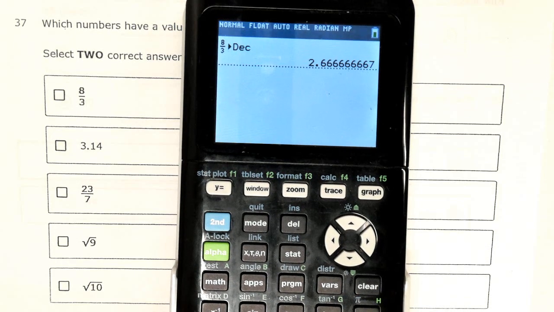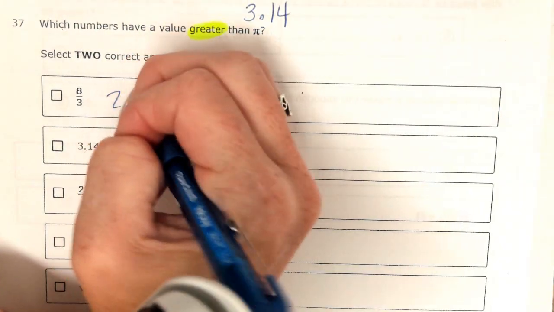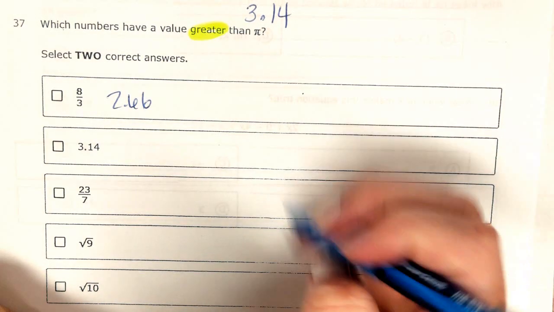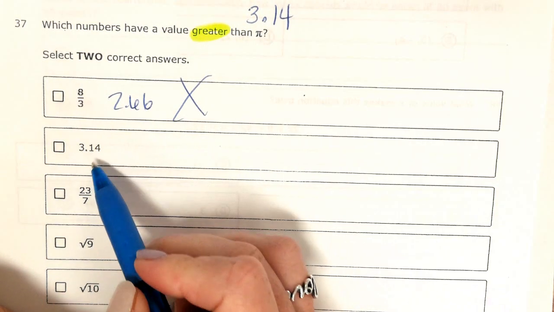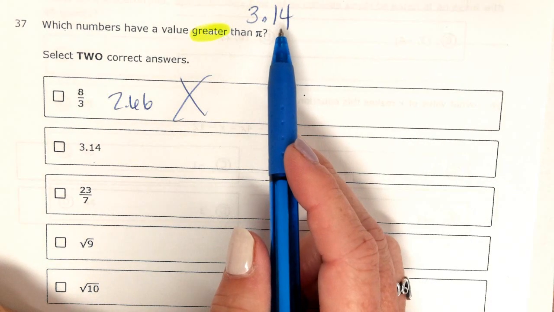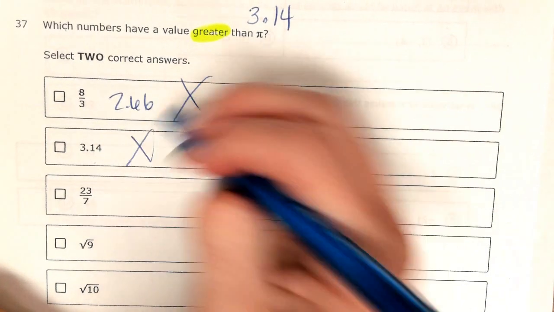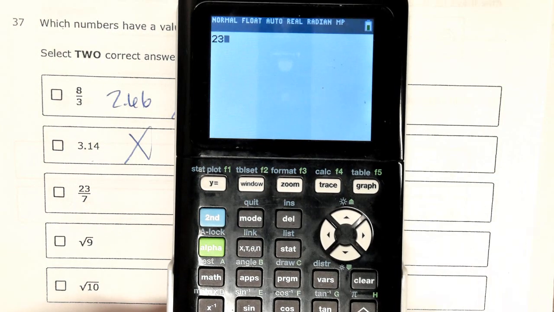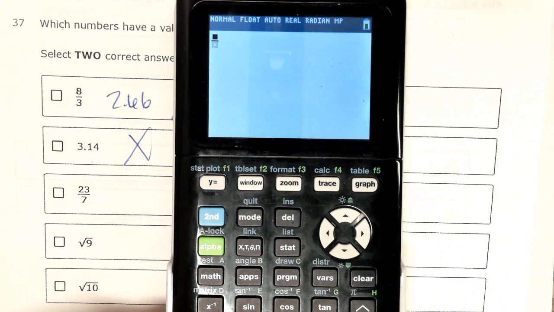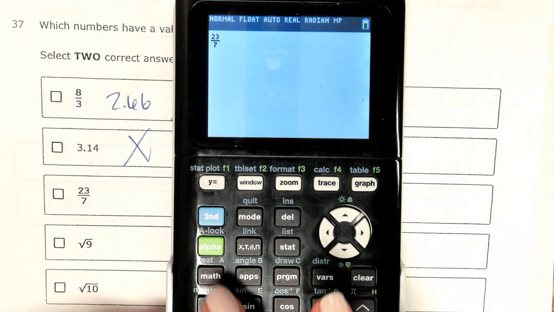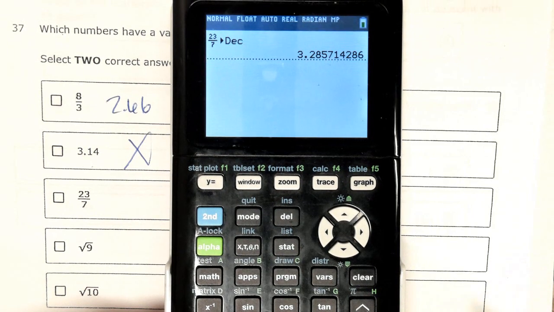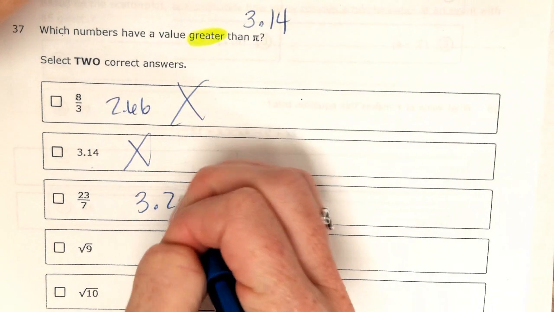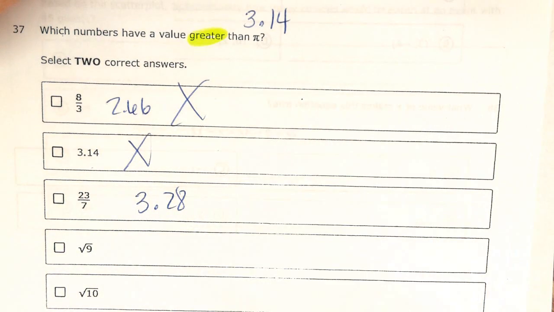All right, so let's go to 8/3. Math decimal enter. 2.66, is that greater than 3.14? No. Is 3.14 greater than 3.14? No, they're the same. 23/7. So alpha y equals 23/7. Math decimal enter. Is 3.28 greater than 3.14?